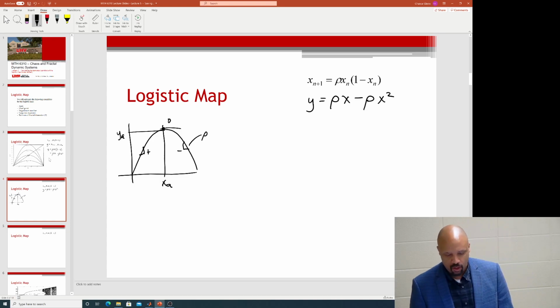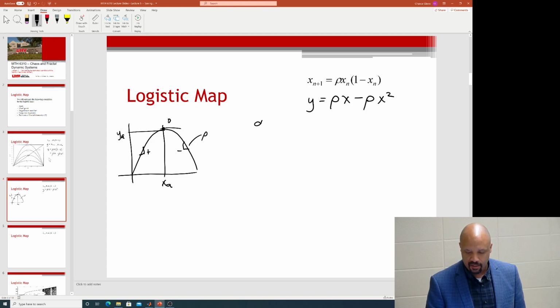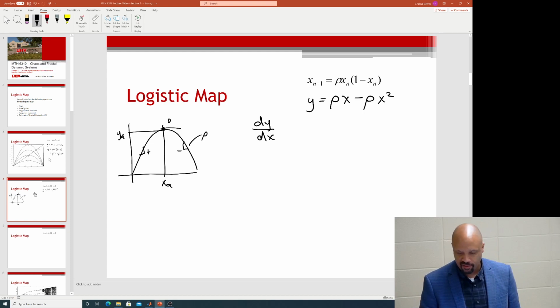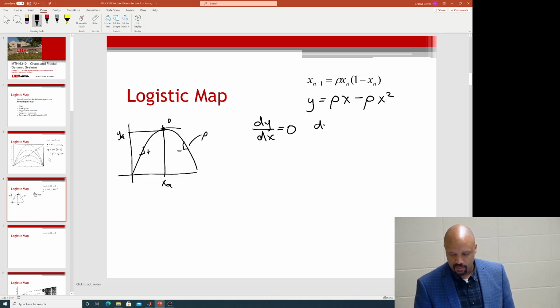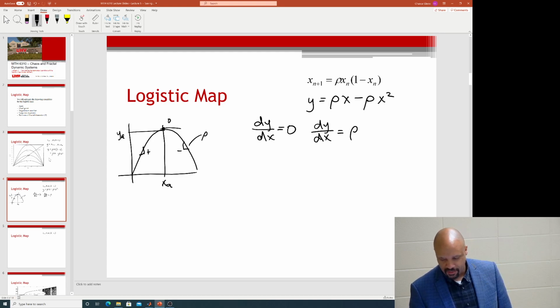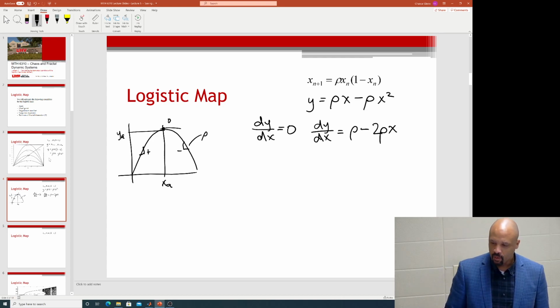Well, how do you find the slope? That is the continuous time derivative. So we're going to set dy dx, the change in y with respect to x, equal to 0. If I differentiate that, dy dx equals rho, because that goes away, and the mistake I made last time was I forgot the 2. So you have 2 rho x.